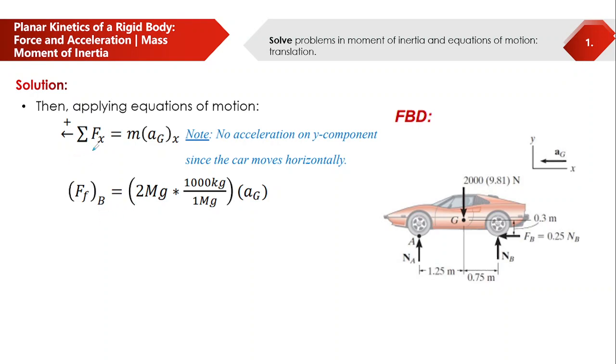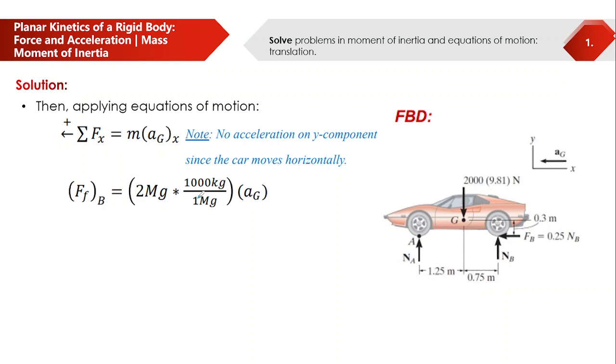Since the only force acting along x is the friction force, as you can see in the free body diagram, and our positive sense is from the left, the friction force is positive, which equals the mass of the car times the acceleration a sub g, which is unknown. Ito yung required ng problem.